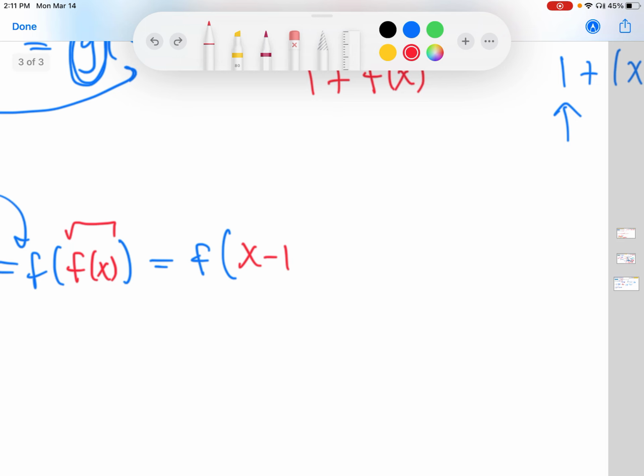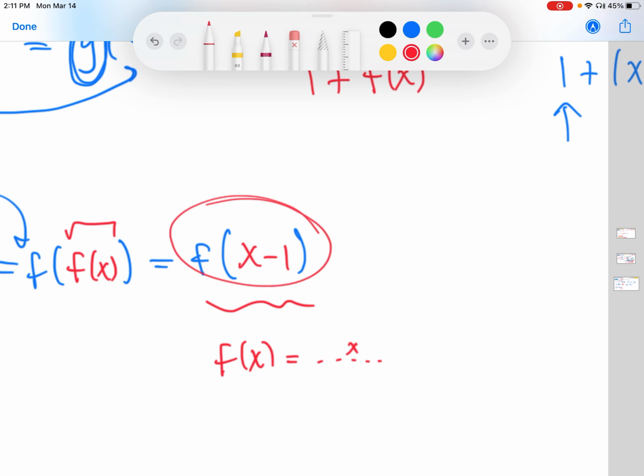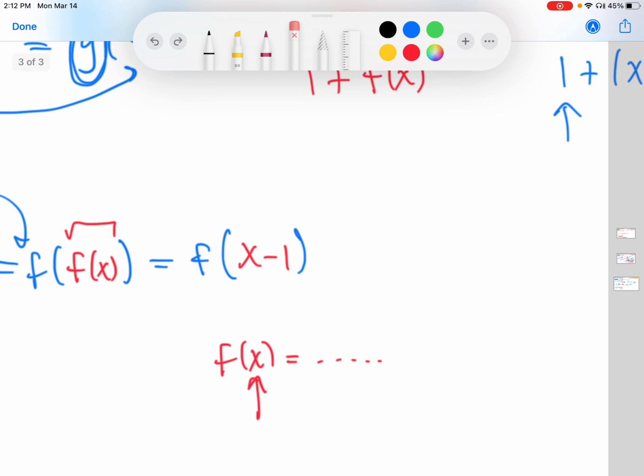This is another way that you can think of function compositions. So what does this mean? Right? We're used to f of x equals something involving x's. Right? This is f of x minus 1. So everywhere I see an x, I'm going to substitute x minus 1. So that's what this means. Okay? So I'm going to go back up to f of x. Okay?